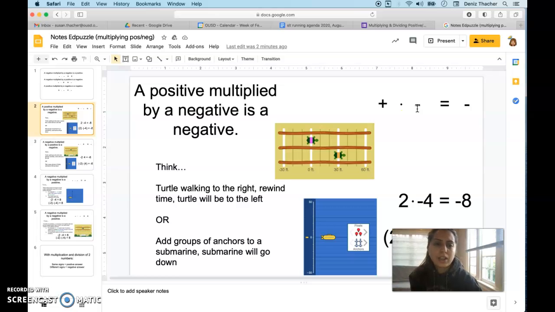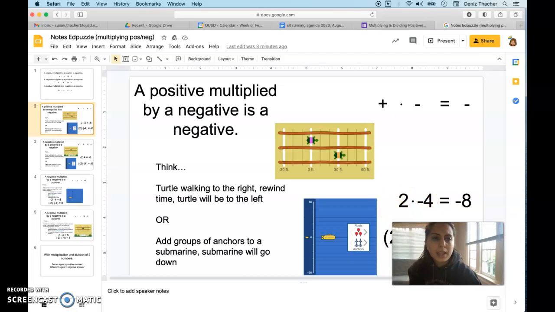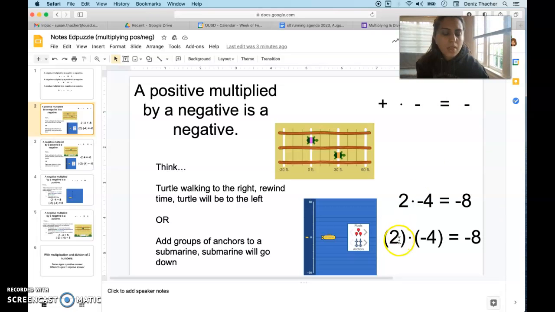So again, taking a look at this example with numbers, we can see that 2 times -4 is -8. So again, you're adding groups, which represents this +2, and then this -4 represents those anchors that weigh the submarine down. Another way that you could write this, and you may see this, is with parentheses around the values.